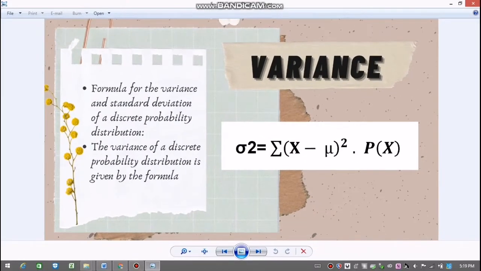For the formula for the variance and the standard deviation of a discrete probability distribution, the variance is given by the formula sigma squared equals the summation of the square of x minus mean, multiplied by p of x.